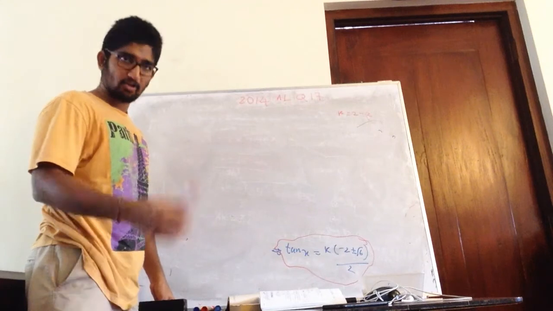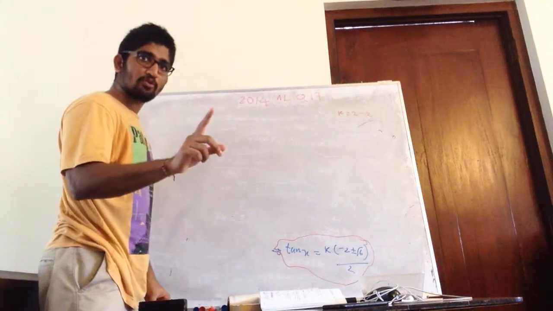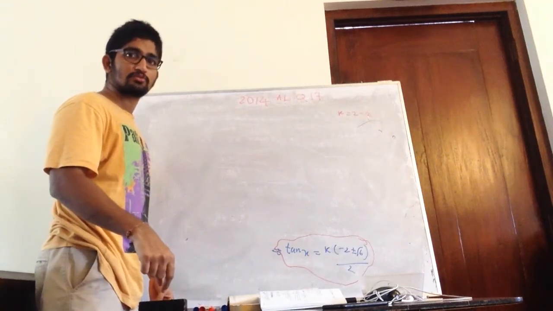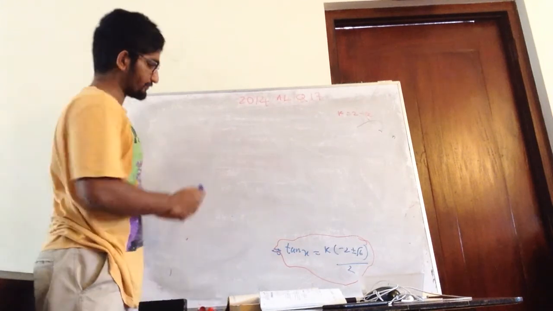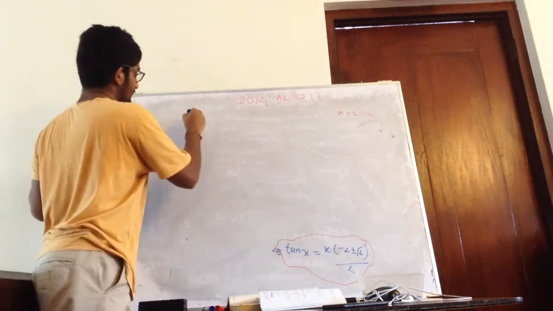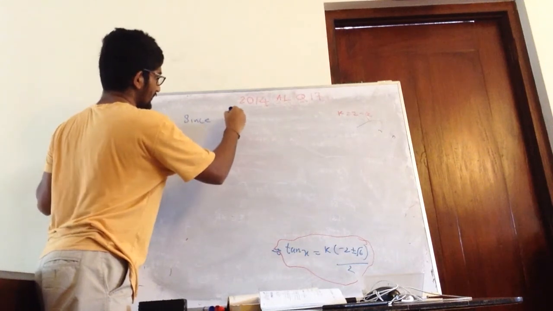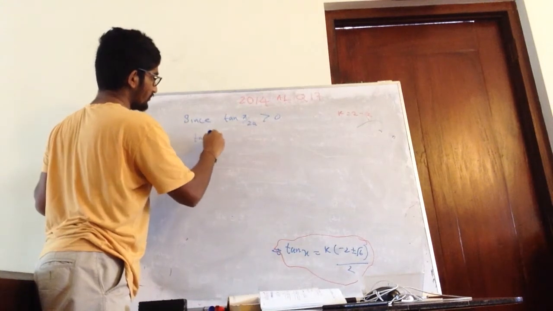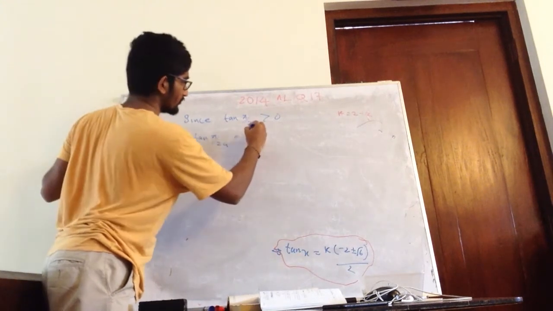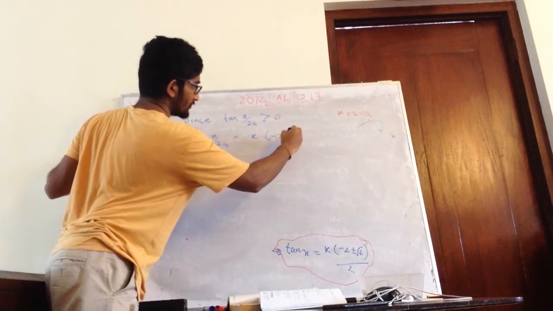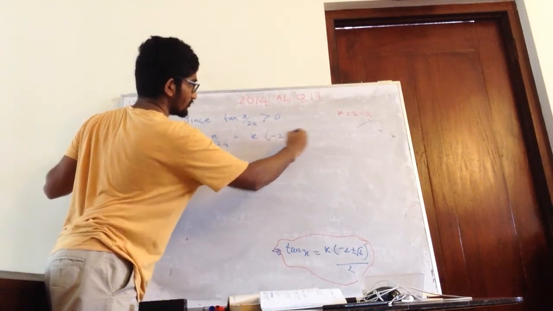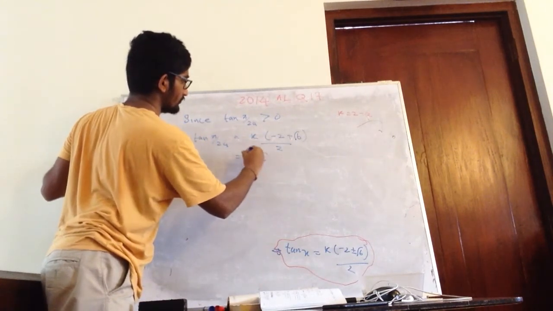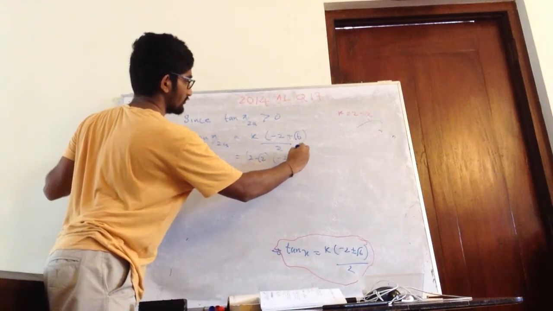No, it cannot be positive. Therefore, we take the positive part for tan 5π over 24. Since tan 5π over 24 is greater than 0, it is going to be equal to k times minus 2 plus square root 6. So what is k? 2 minus square root 2. So minus 2 plus.